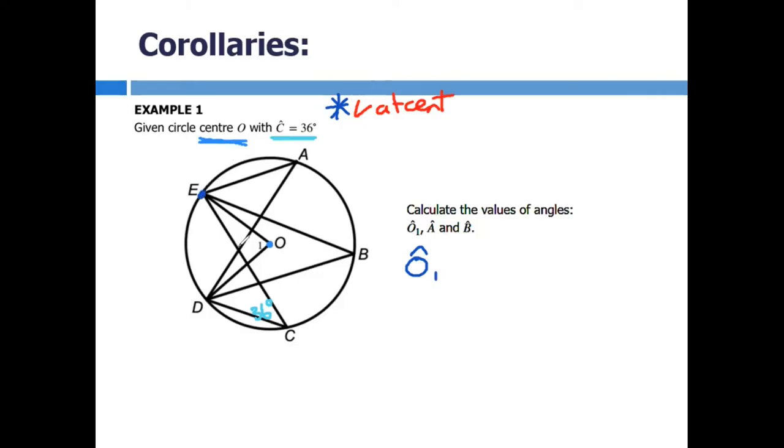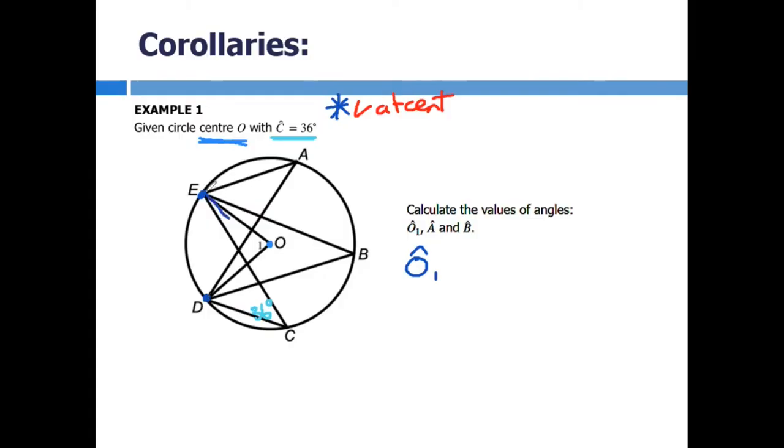Okay, so let's just see how we could make O1. I know the angle at the center equals twice angle at the circumference. I have to be able to put my pointer fingers on 2 different places on my circumference and follow lines to the center. Then I'd have to go back to those 2 points and follow lines again to my circumference. Is it possible to do that? That's the only way I can use this theorem.